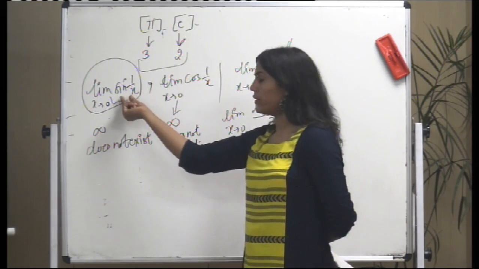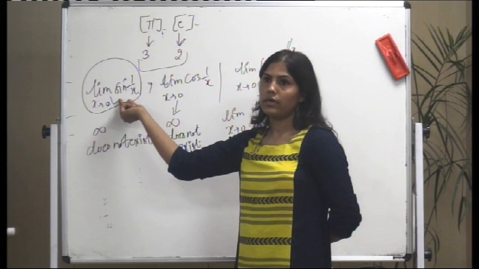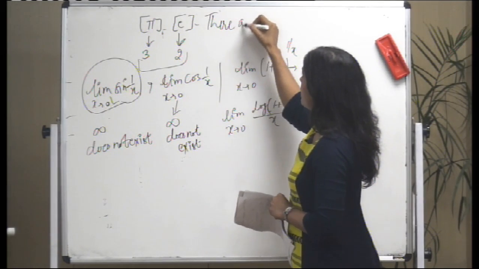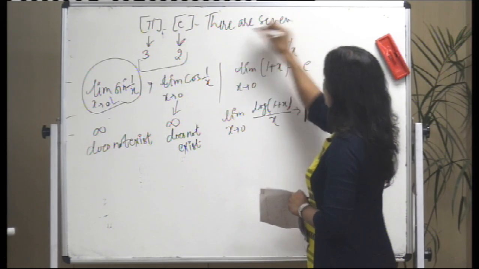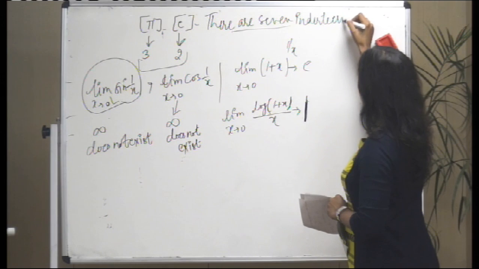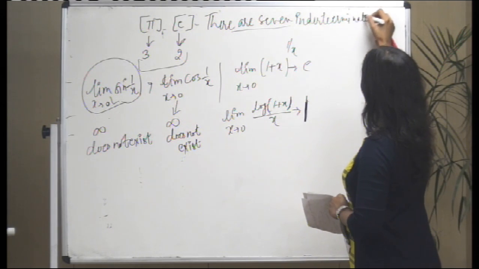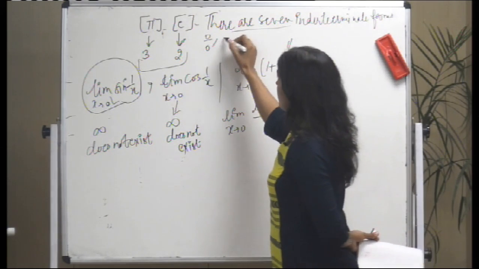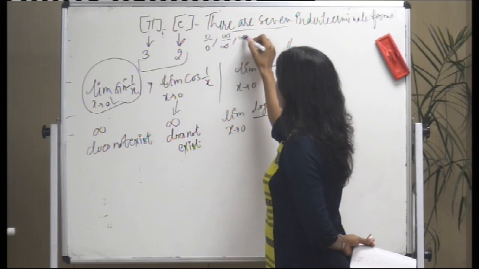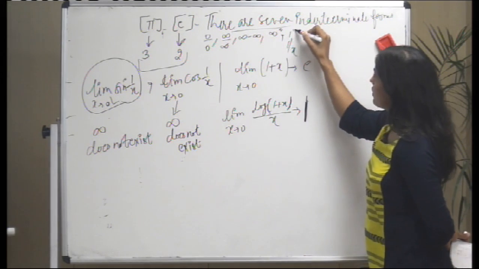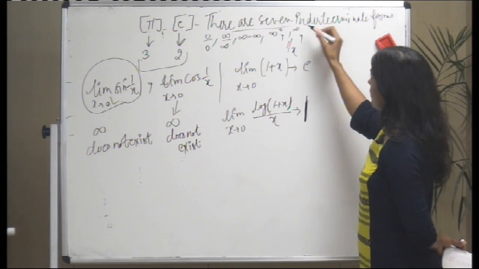No, it is not indeterminate form. There are 7 types of indeterminate forms. You just learn those only. 7 indeterminate forms, and those are 0 by 0 first one, then infinity by infinity, then 0 into infinity.